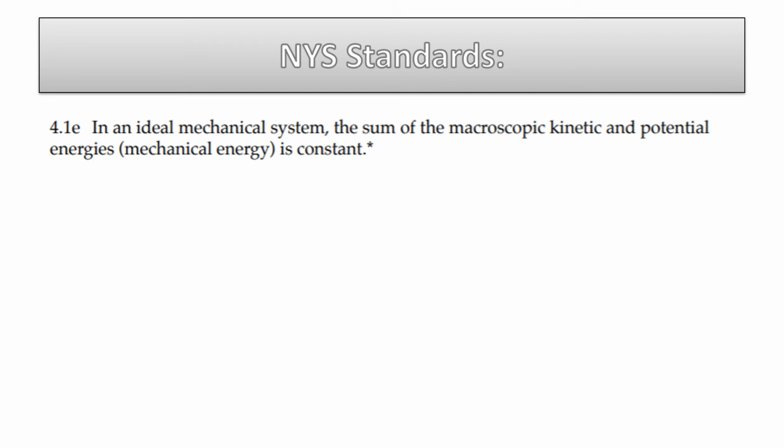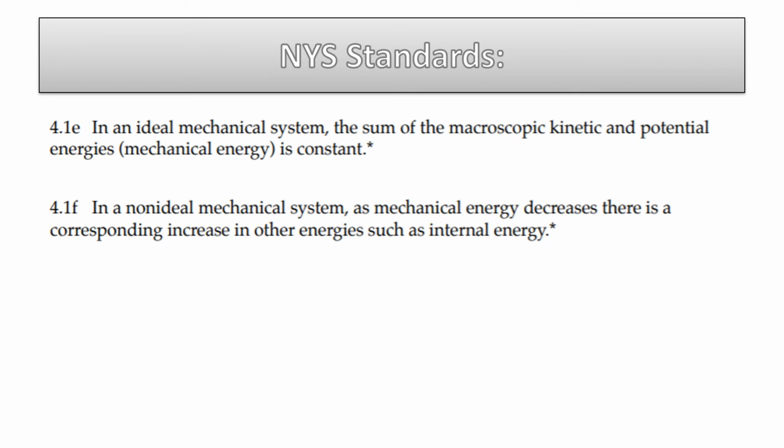In a non-ideal mechanical system, as mechanical energy decreases, so that means for some reason the kinetic and/or potential energy will decrease, there is a corresponding increase in other energies such as internal energy.